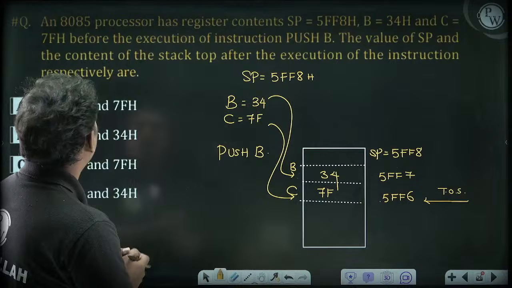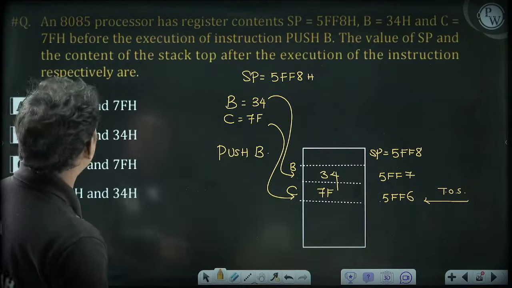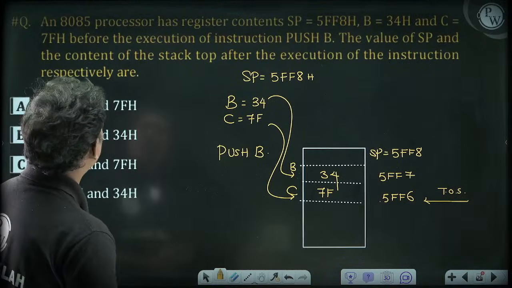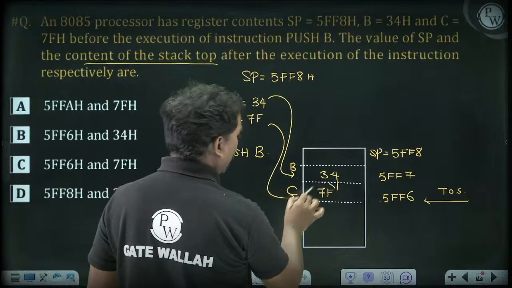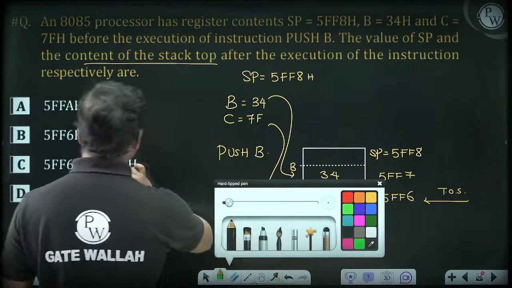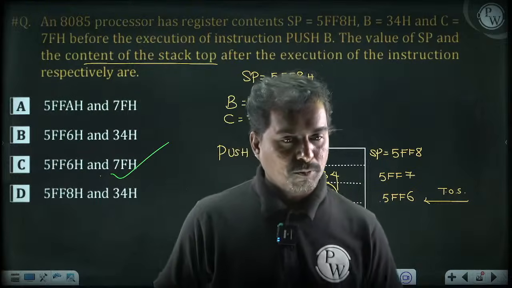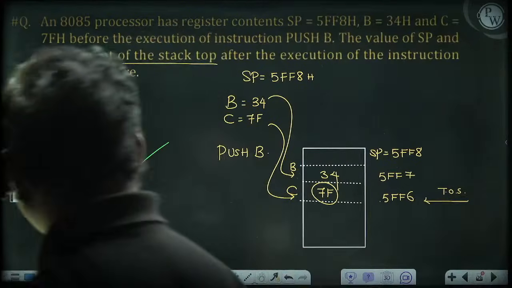After the execution of the instruction, the value of SP will be 5FF6. The content at SP is 7F. How many have correctly answered? Option C is the right answer for this particular question.